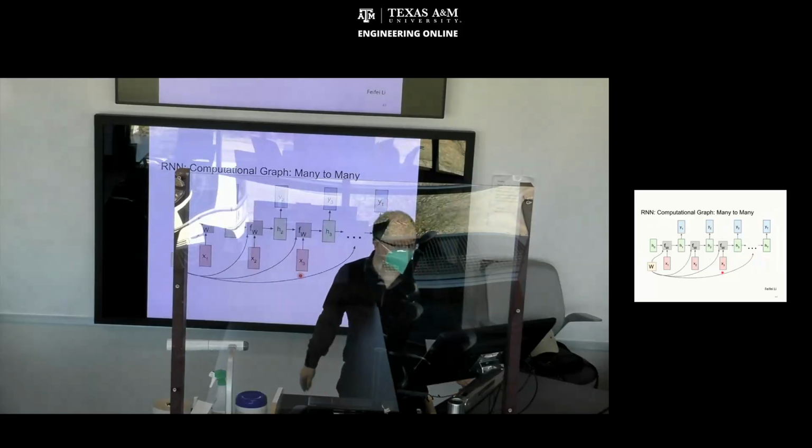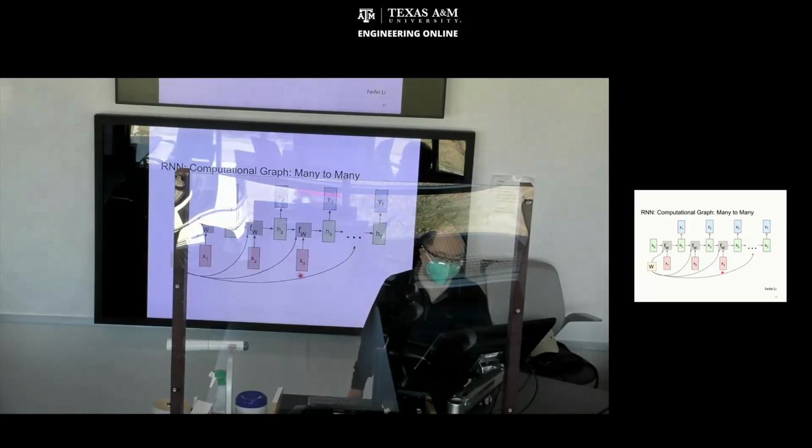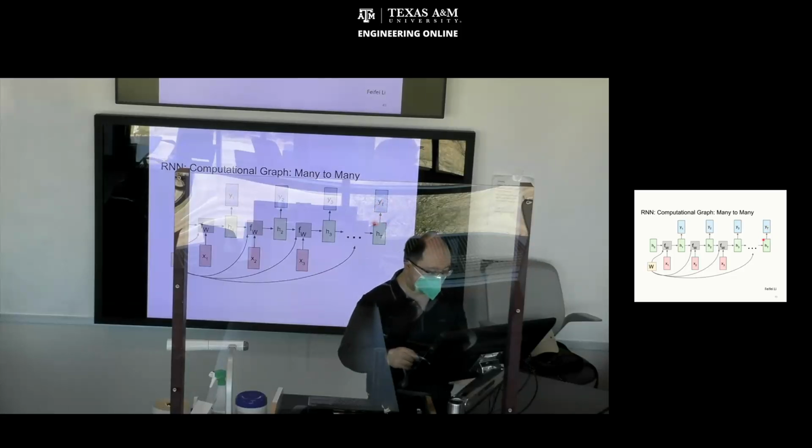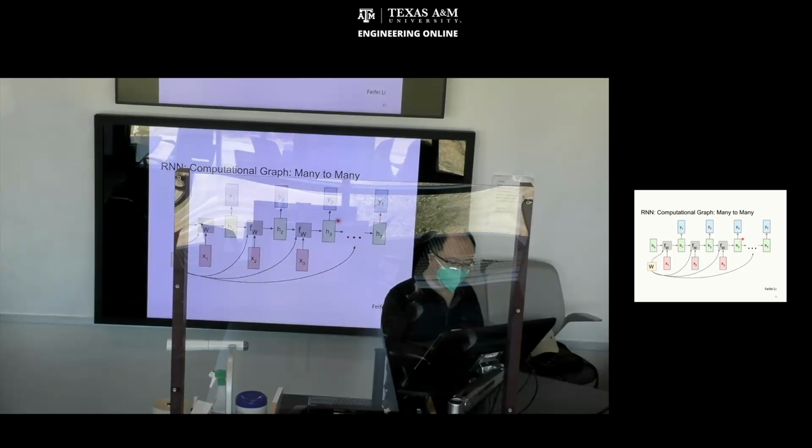Okay, and then this is a computational graph for many to many. So when we have this output y1, y2, y3, and so on to y sub capital T, compared to the previous computational graph for the forward propagation, we have the additional readouts.